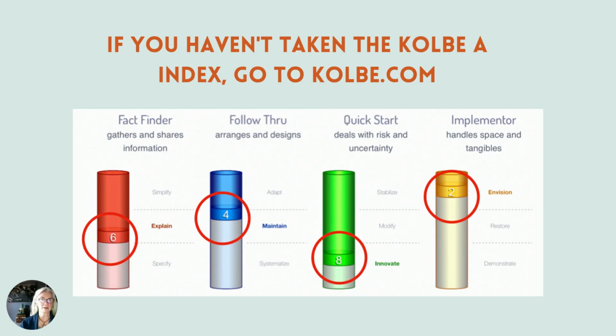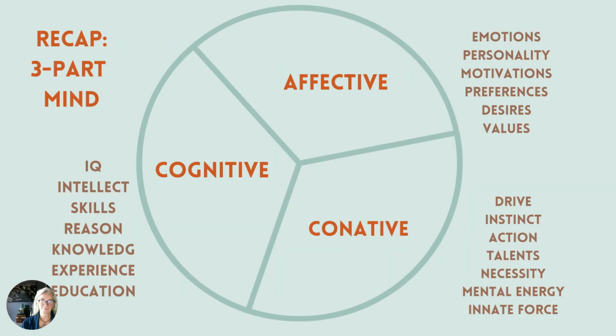Once you take it, you will receive a link to see your results, and Kathy Kolbe, the creator of the test, will walk you through what it all means. But once you do that, come back to this video where I'll talk a little bit more about how this relates to artists, to the creative process, and to the elements.